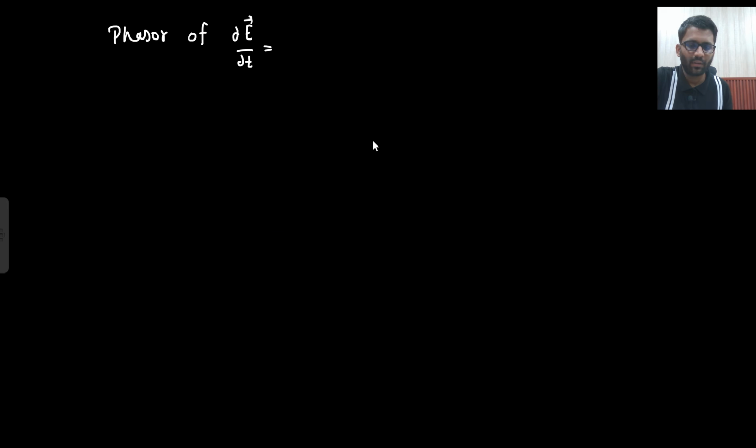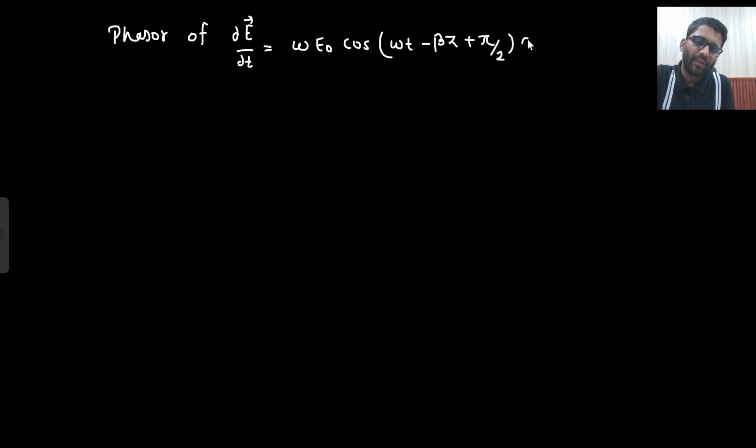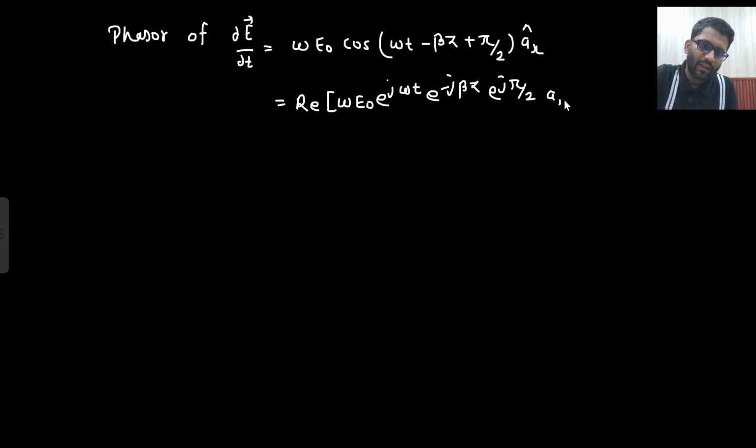Omega E naught cos omega t minus beta z plus pi by 2 ax cap. Can I write it down in this manner? That is, real part of omega E naught e to the power j omega t, e to the power minus j beta z, e to the power j pi by 2, ax cap, right?